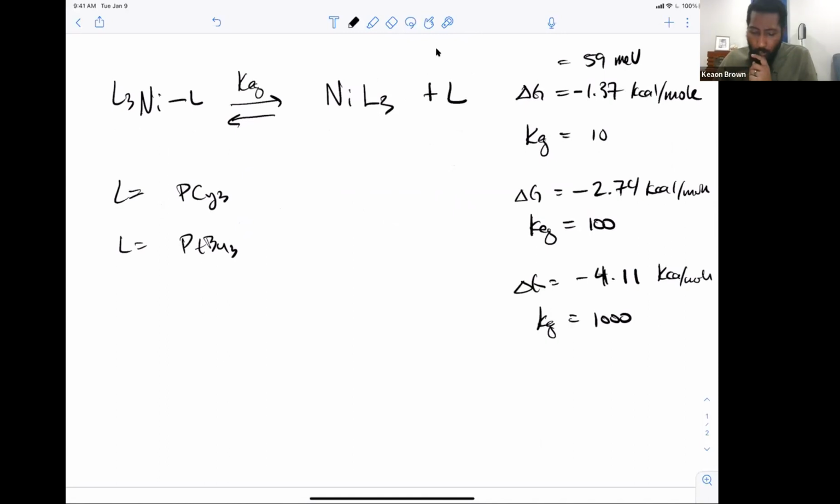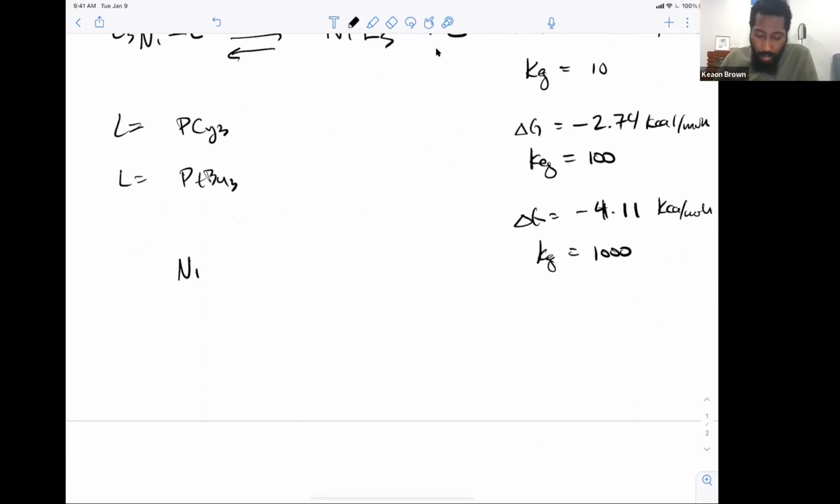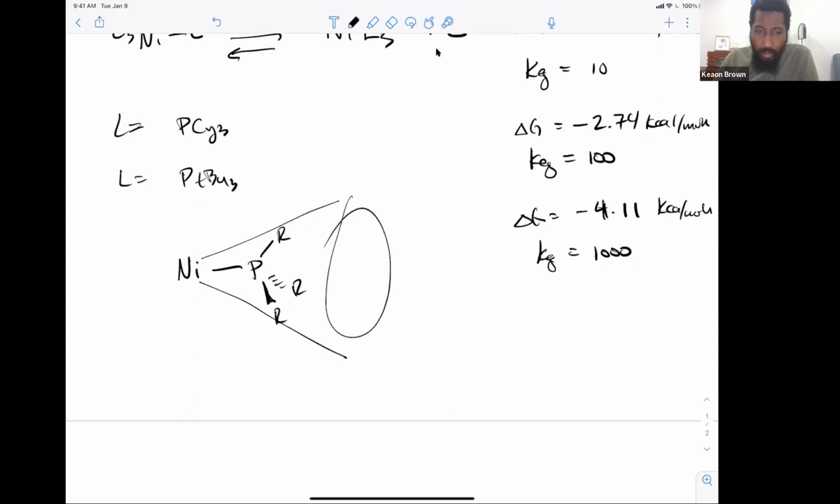Makes sense. I remember that you were also discussing that theta angle. I'm looking at the data that you gave us, and so triphenylphosphine, for example, had the largest theta angle, but it's not necessarily the biggest molecule.